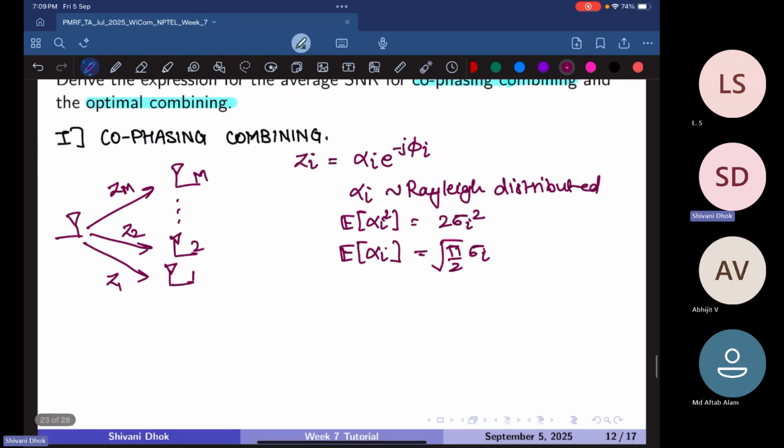Okay, so this is what we have here, and each of these antennas will be receiving.